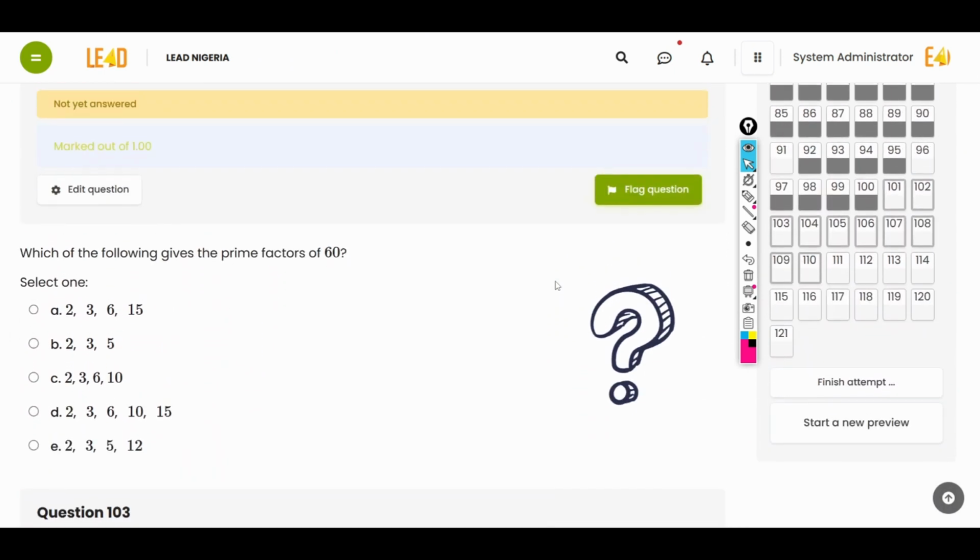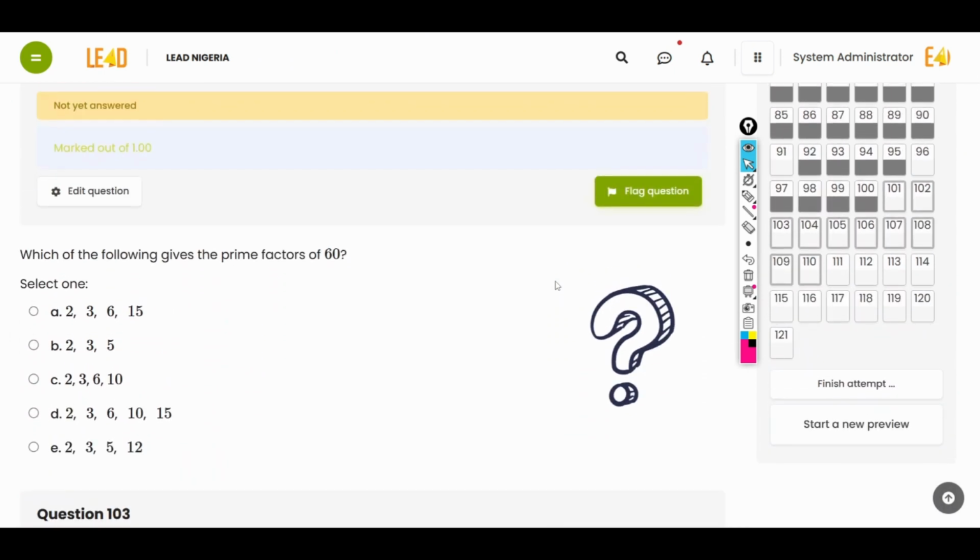Question 102. Which of the following gives the prime factors of 60? So we can get the factors of 60 and then check which ones are prime. We use factor pairs. We have 1 and 60, 2 and 30, 3 and 20, sorry.